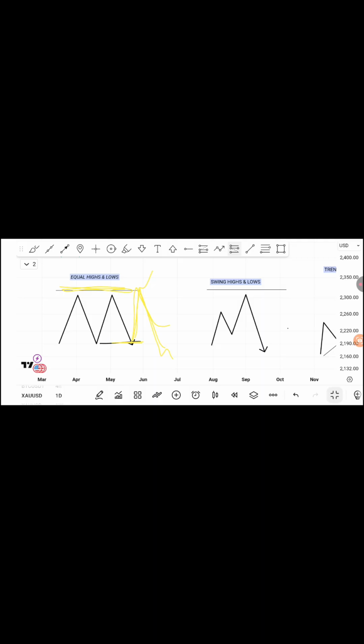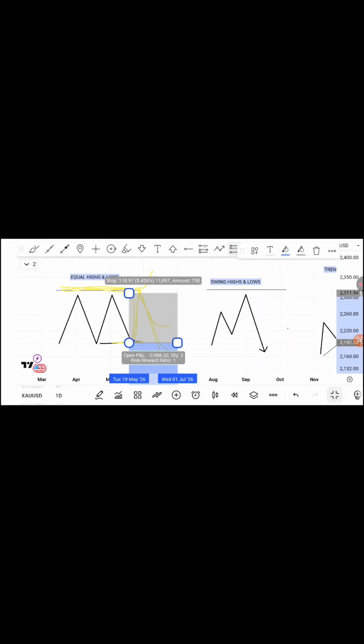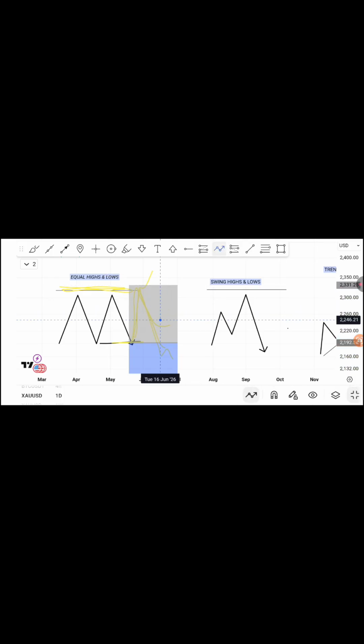So you sell here, you place your stop loss above this level, right? And smart money will just come into the market and manipulate price and take you out, because there is available liquidity above this level.